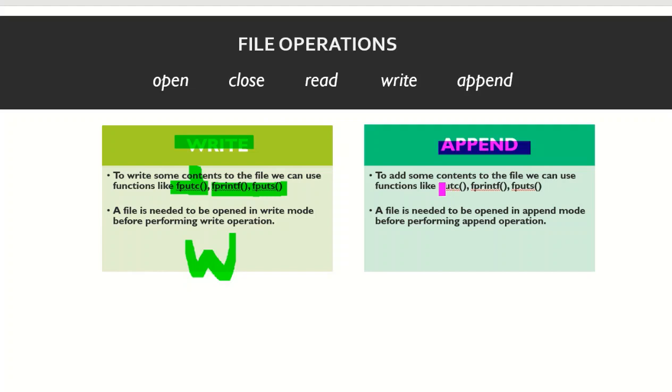The same functions that are used for writing to a file can be used in append also, but the file should be opened in append mode in order to add data. Otherwise, if we use write mode, it will replace the existing contents. When we open a file in write mode, if such a file doesn't exist, it will automatically create that file.